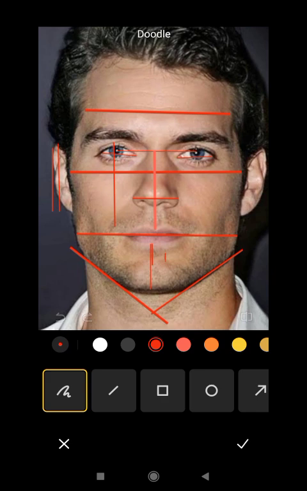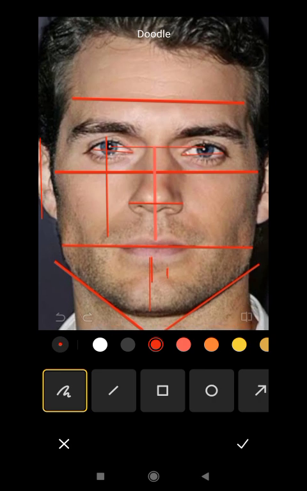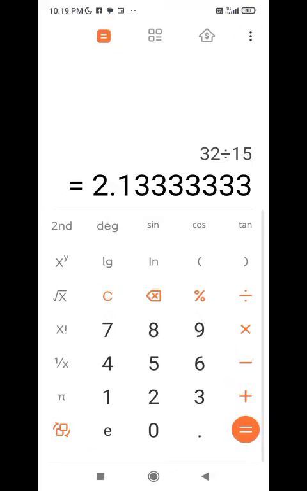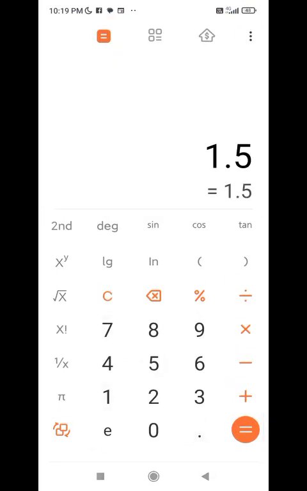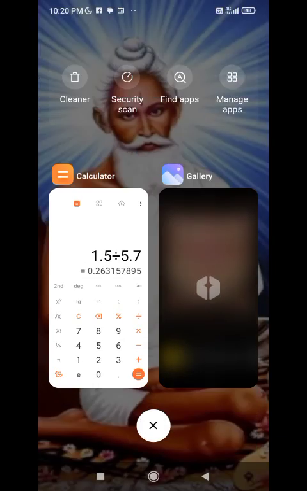Moving on, his nose to overall face ratio. Yeah, he actually has a narrow nose.